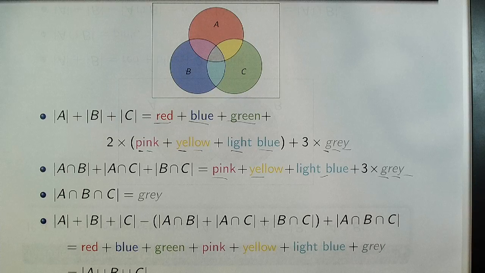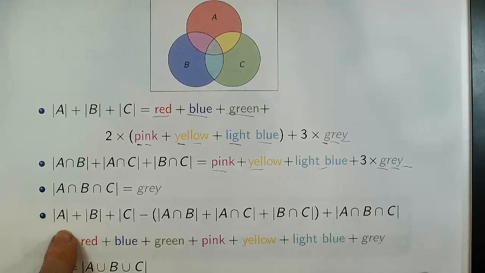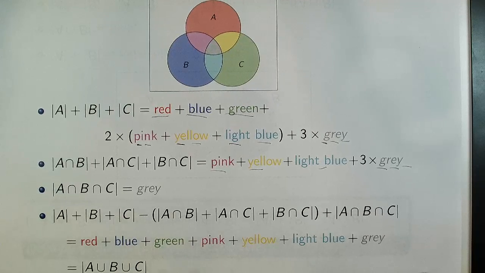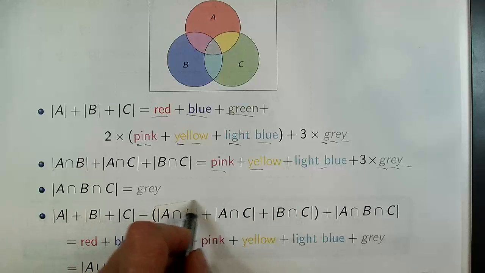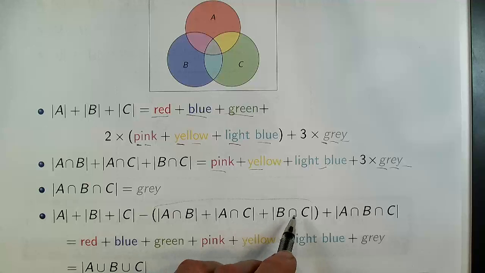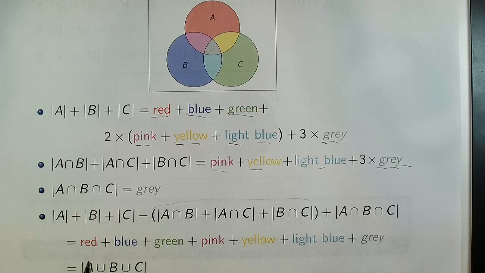Okay, now putting this all together, if we take the cardinality of the sets themselves, minus the intersections where we intersect pairs, plus the intersection of the 3 of them, we end up with the union. Let's check the grey, for example.